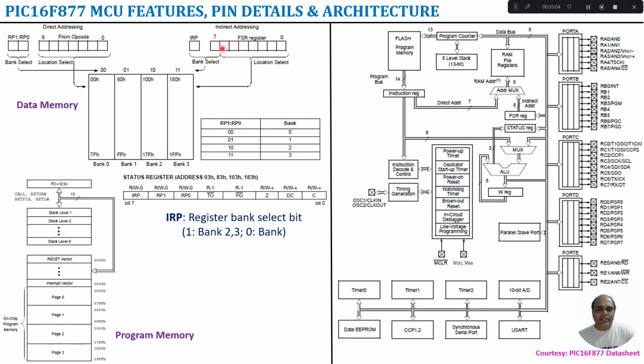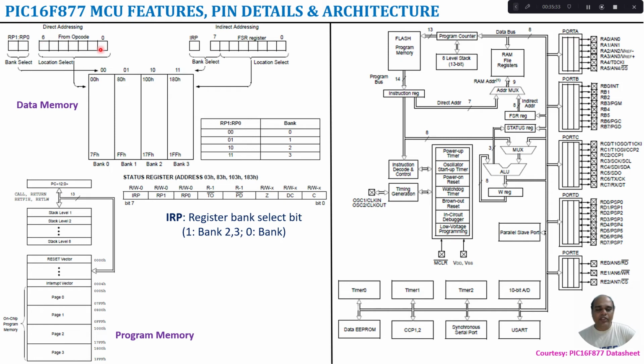The lower 7 bits are used for location selection in a bank, and the 7th bit and the IRP bit in the status register are used for bank selection. If my IRP bit is 1, then bank 2 or bank 3 is selected. If my IRP bit is 0, then bank 0 or bank 1 is selected.